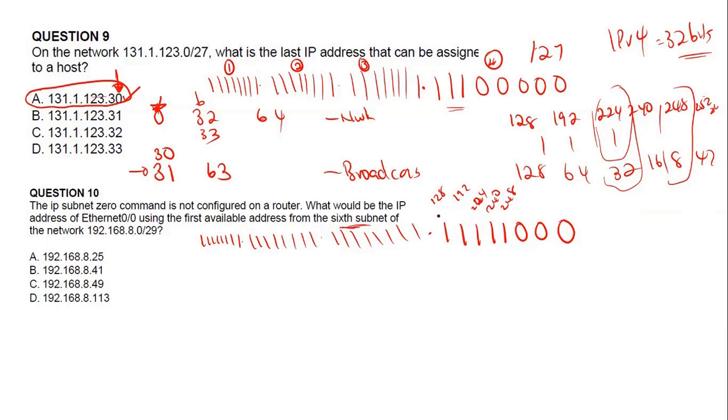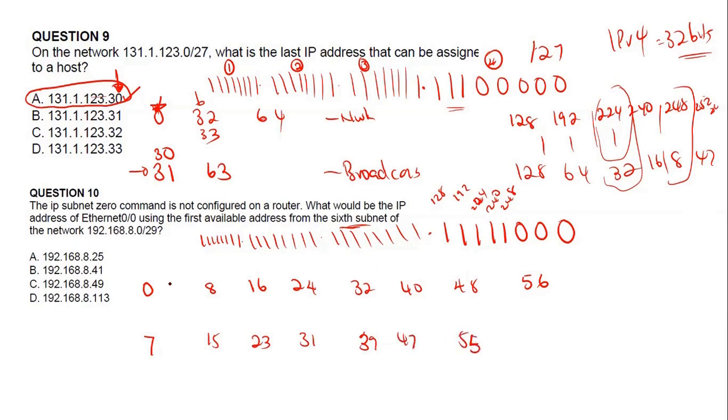Since it gives us a range of 8, we will go from 0 to 8, 16, 24, 32, 40, 48, 56. Then here I have 7, 15, 23, 31, 39, 47, and 55.